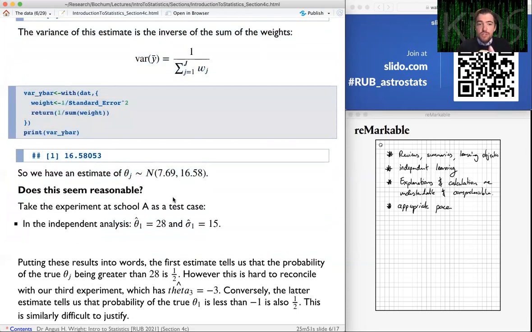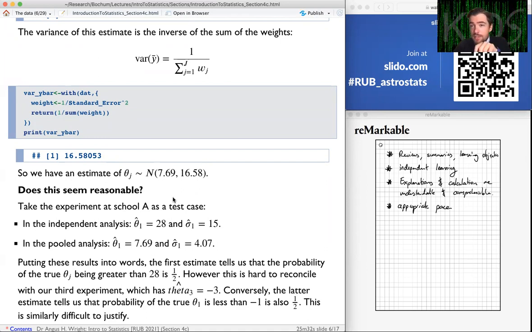Take the case of school A. In our independent analysis, school A has an average theta of 28 and a variance of 15. But in the pooled analysis, the estimate of theta has to be 8 because it's the same for every school, with an uncertainty of 4.07.